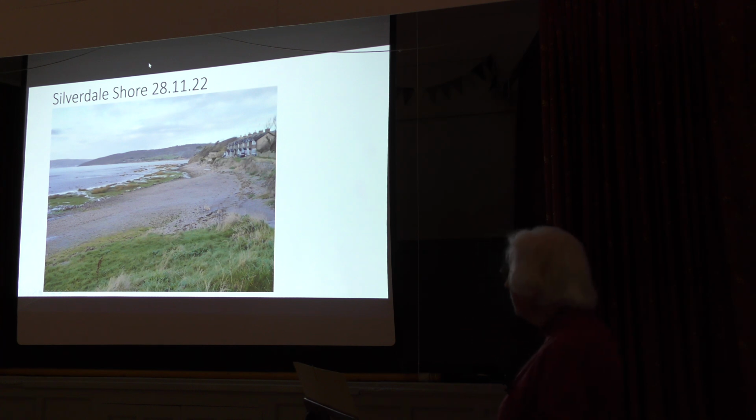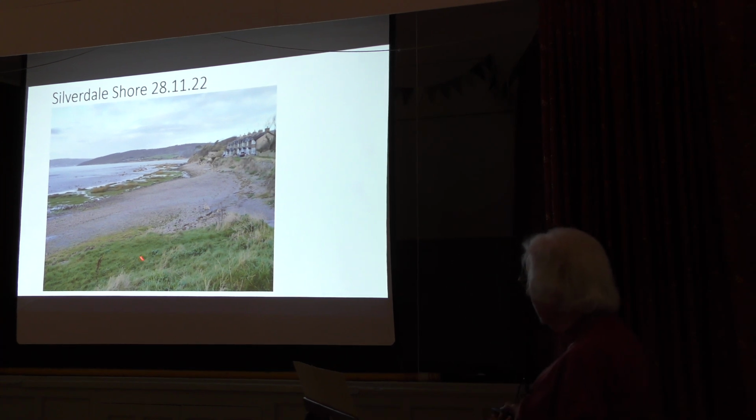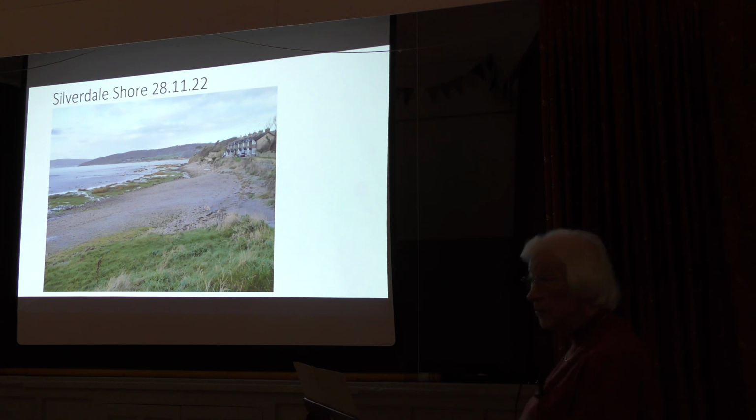So here we're coming back to Silverdale Shore, where there was in 1964, remember, this very wide marsh, sheep grazed and with turf cutting. What was present in November last year was just a narrow strip, but of new marsh. So it is a marsh which is growing again.